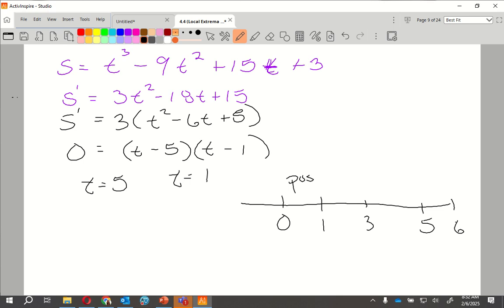I get a negative 5 and a positive 2. So that's going to give me a negative right in here. And then the other side over here at 6, I get positive 1 and positive 5, so let's say positive.